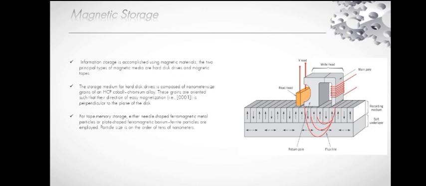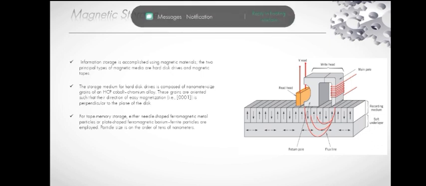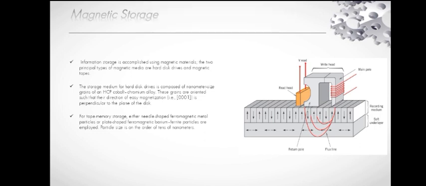These grains are oriented such that the direction of easy magnetization is perpendicular to the plane of the disk. For tape memory storage, either needle-shaped ferromagnetic metal particles or plate-shaped ferromagnetic barium ferrite particles are employed. Particle size is on the order of tens of nanometers.